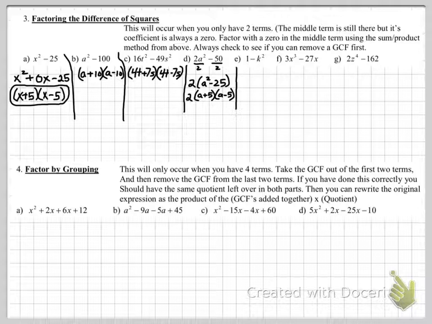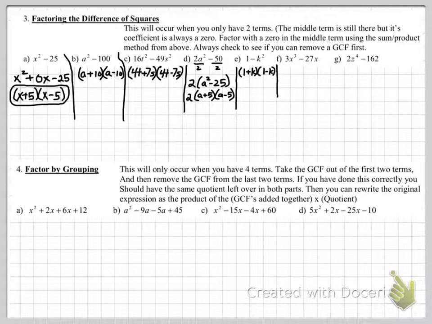Well, the square root of 1 we can find, the square root of k squared we can find, so one of them is going to be 1 plus k, and the other one is going to be 1 minus k. On our next one, we can factor out a greatest common factor.